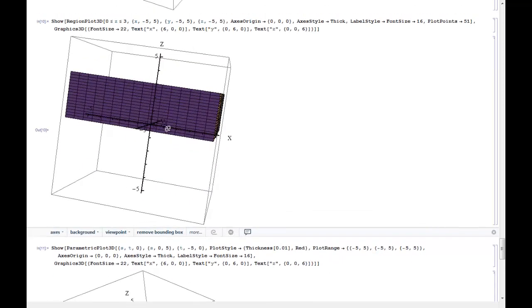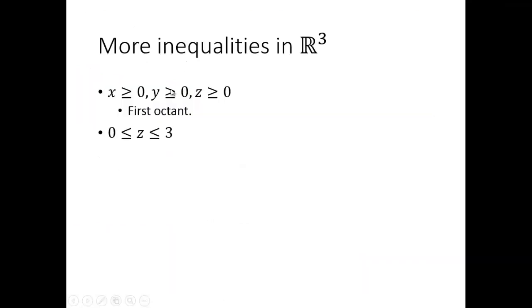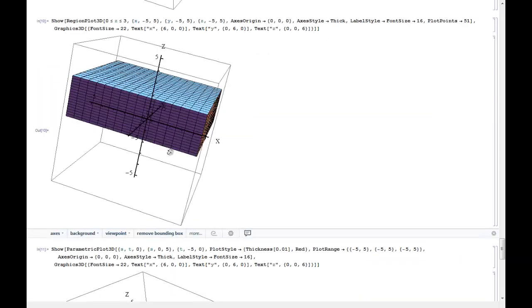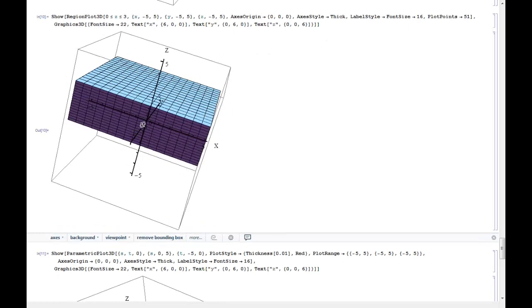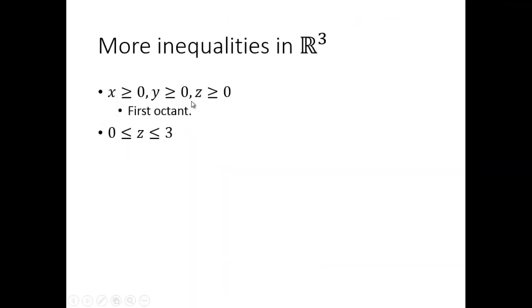Z goes from 0 to 3. This is closed because we had the less than or equal to there. You get what I'm going to call a slab. Note this would extend infinitely in the x direction and y direction. So let's call it a slab, with x and y arbitrary, and z just ranging between 0 and 3.